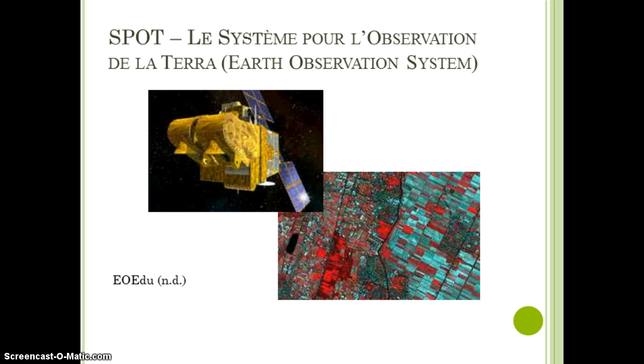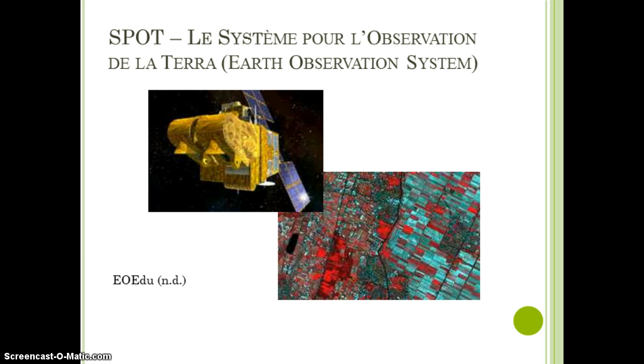IRS, or India Remote Sensing, Earth Observation Satellites also offer continuous observation of the Earth's surface starting with IRS-1A in 1988. The IRS-1A was successfully launched into a polar sun-synchronous orbit on March 17, 1988 from the Soviet Cosmodrome.